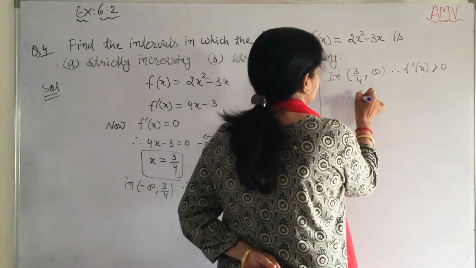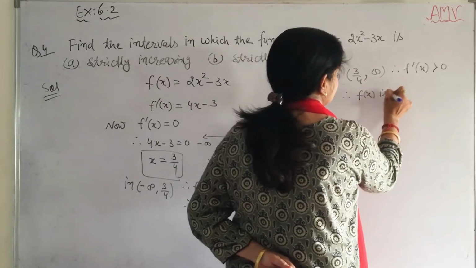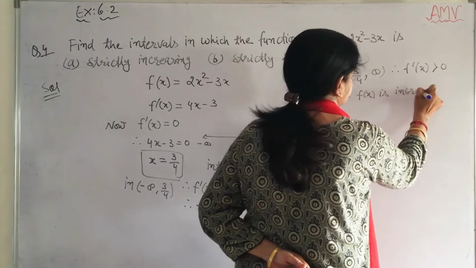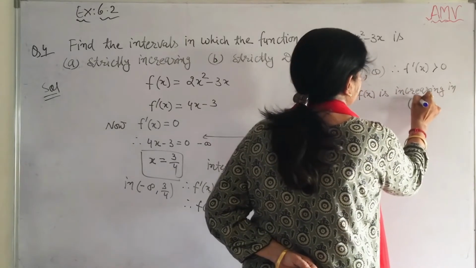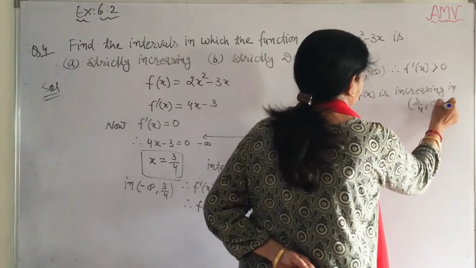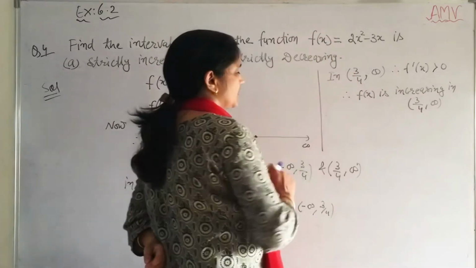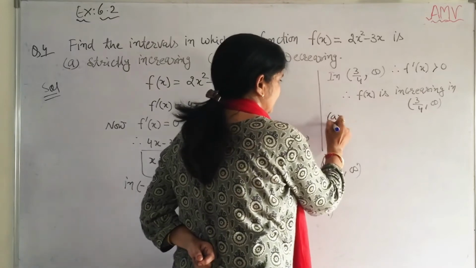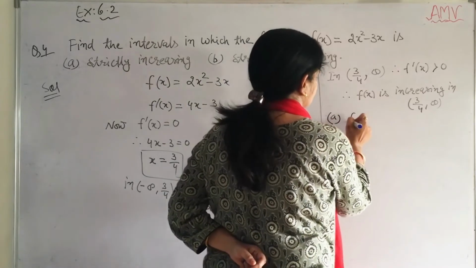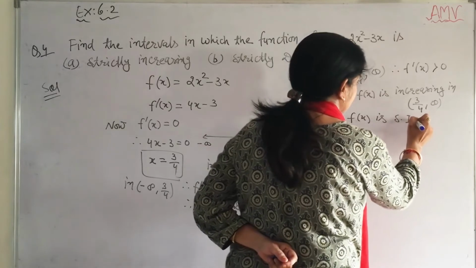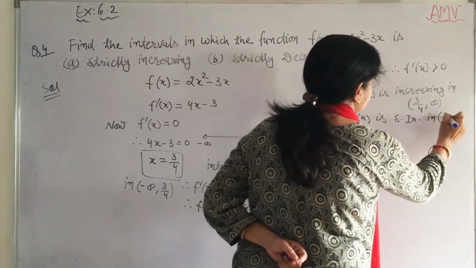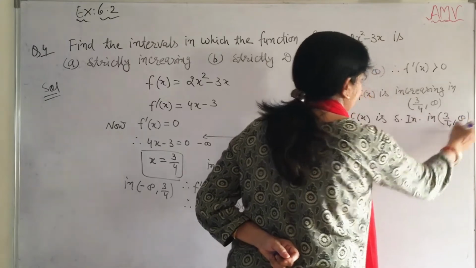Therefore f(x) is increasing in the interval 3 by 4 to infinity. So the answer of part A is: f(x) is strictly increasing in the interval 3 by 4 to infinity.